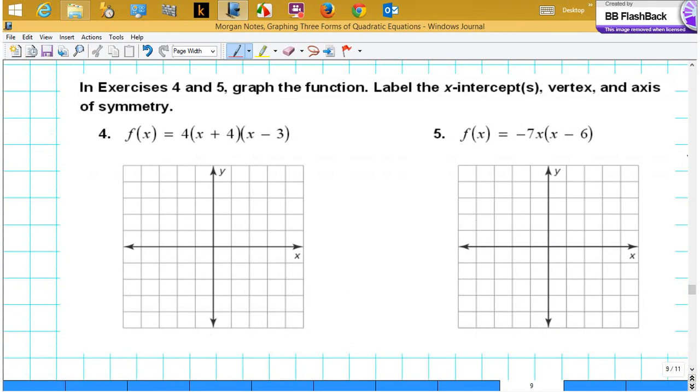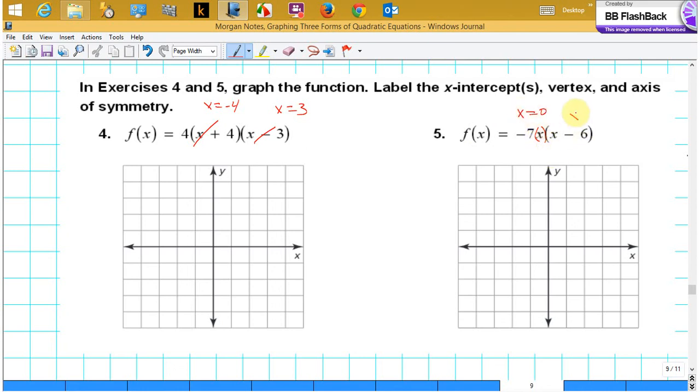Here are some more points. I'm just going to quickly tell you what the x-intercepts are. The intercept for this would be x is equal to negative 4. x is equal to 3. How about this one? What would cause this x to create a 0 over here? Well, if this x is 0, think of it like this. It's in parentheses by itself. There's nothing added or subtracted. So for that one, x is 0.